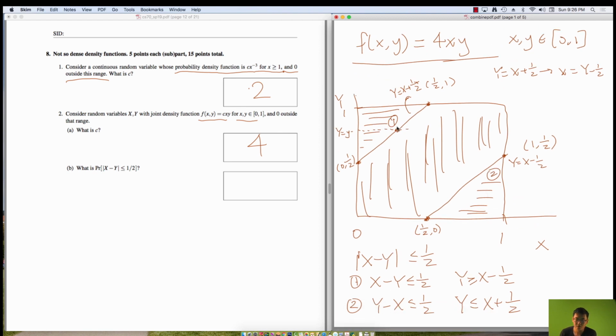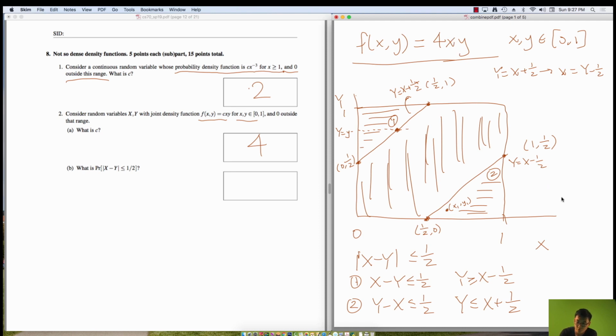So the area, or the density, or the probability in this first triangle over here is 7/96. So before we find the probability in the second triangle, we can actually see that it's the exact same as the first triangle. And the reason for that is, consider this point right here, x1, y1.